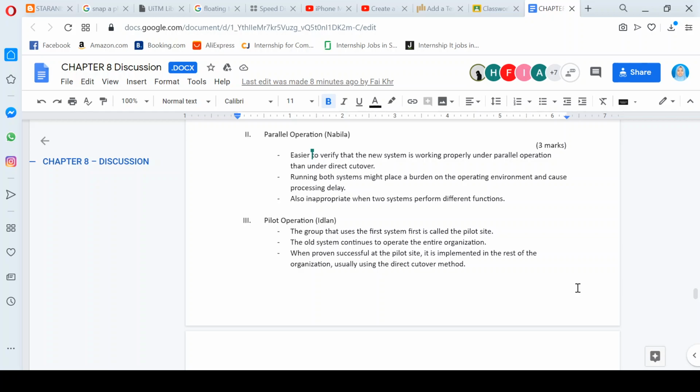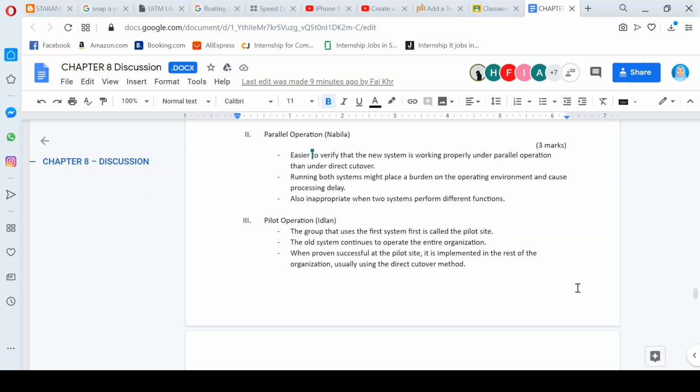Point number 3. When proven successful at the pilot site, it is then implemented in the rest of the organisation, usually using the direct cutover method. Okay. Ni maksudnya bila dekat pilot site tu, new system yang pakai dia successful, dia boleh function.